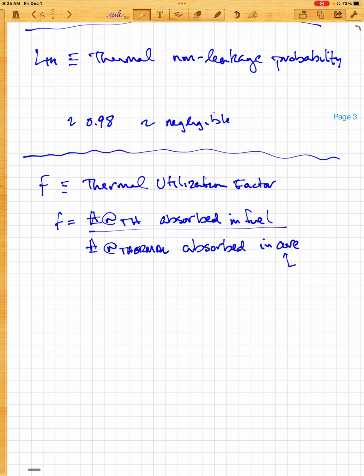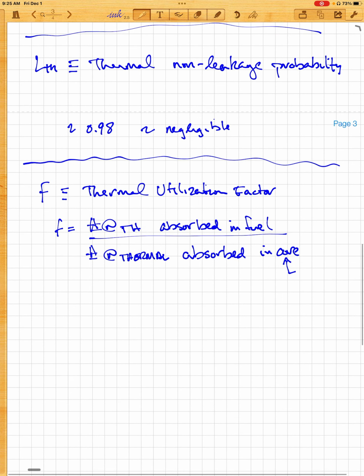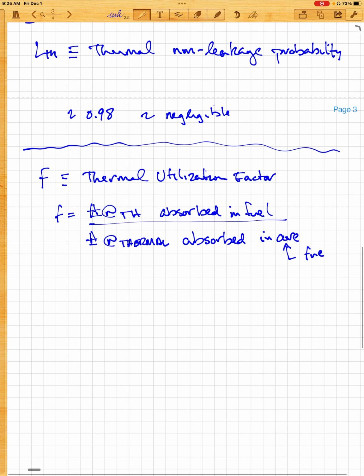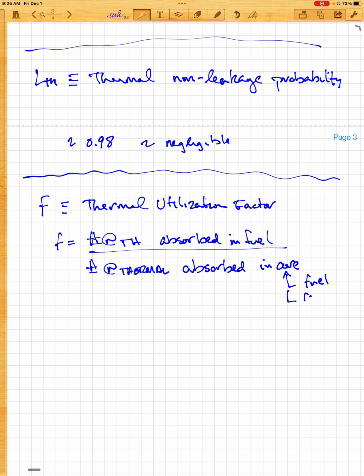Well, the core is going to be the fuel. Of course, it's going to be the rods. It's going to be the clad. It's going to be the iron, the cobalt, stuff that makes the shiny pipe shiny, all that stuff. They're going to go get absorbed in it.